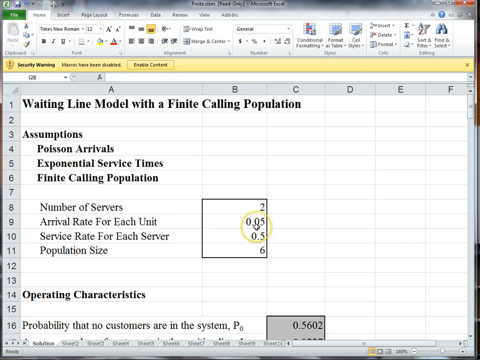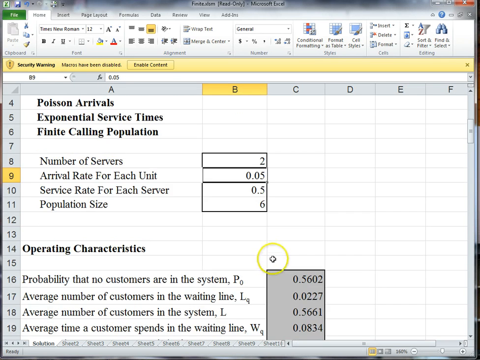The arrival rate, that's per unit. So each unit breaks down when it's active, when it's up, when it's functioning at this rate, and this is how long it takes to fix it. So maybe this is in days here. It takes half a day, 2 days to fix the machine, maybe, and 0.05 to break, 1 over 0.05, 20 days on average for a machine to break down.